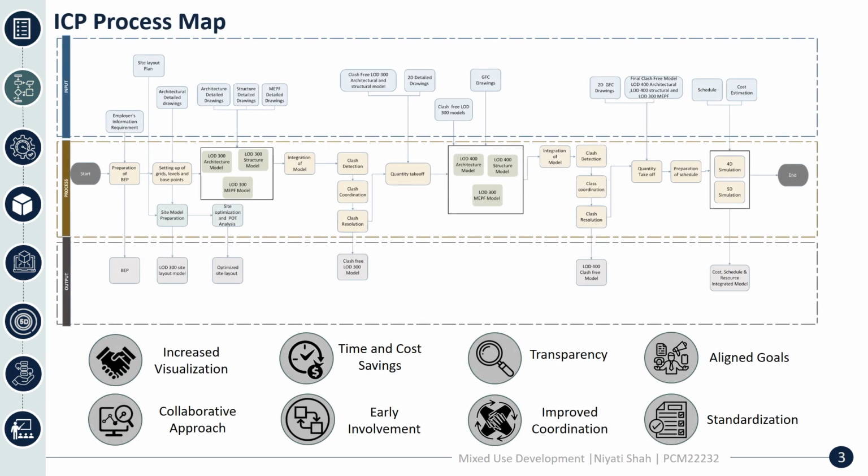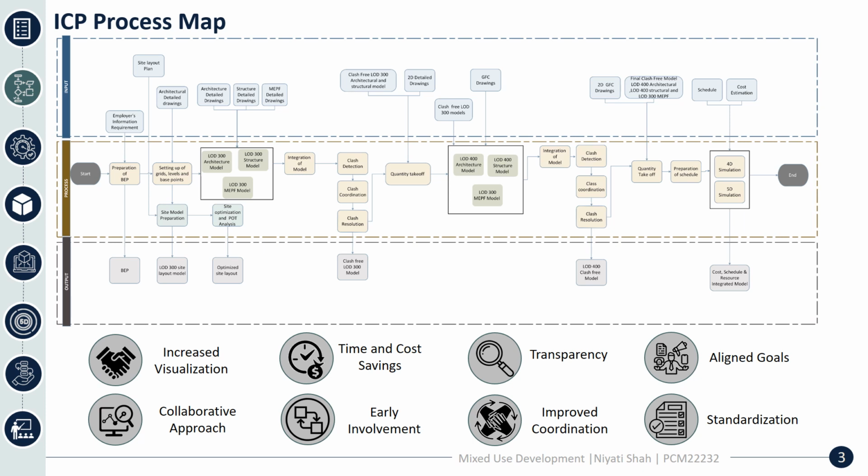This slide is regarding the ICP process map which was followed in the studio for our project. It starts with getting the client's requirement, then formulating the BIM execution plan with respect to the client's requirement, that is, the employer's information requirement.